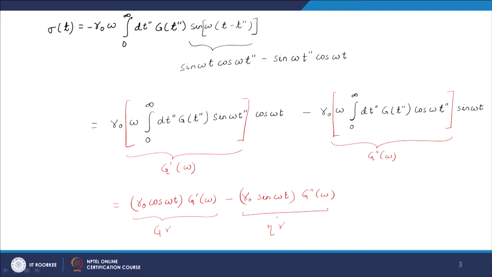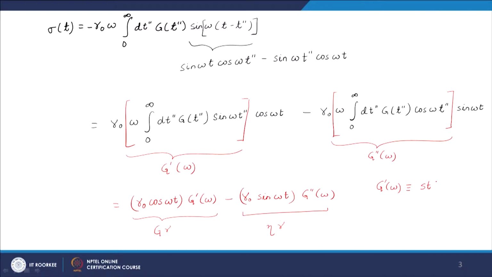So, the first one is G gamma and the second one is eta gamma dot, and therefore, I can think of g prime of omega as a measure of the elastic behavior, and I will call it the storage modulus.